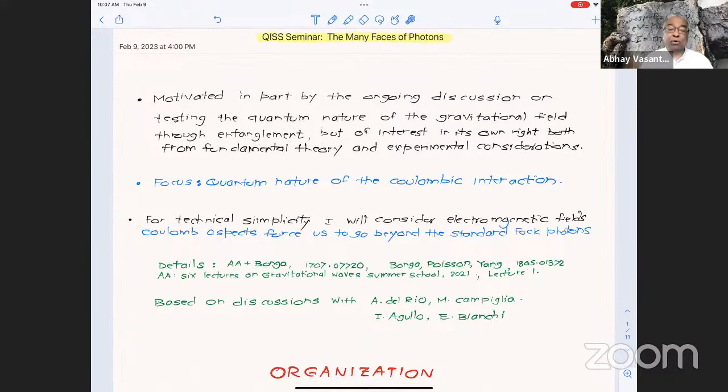In fact, much of what I'm going to say, not everything, goes through even for full nonlinear general relativity. This is based in early part on discussions with Adrian Del Rio and Miguel Campiglia, and in the last month or two, I've been talking a lot with Ivan Agullo and Eugenio Bianchi.